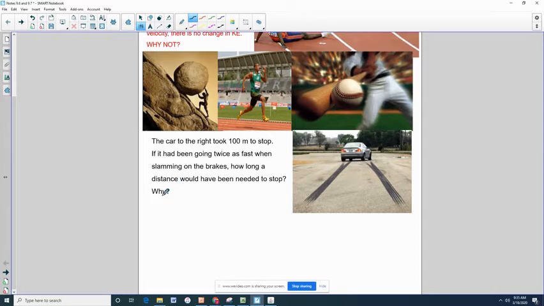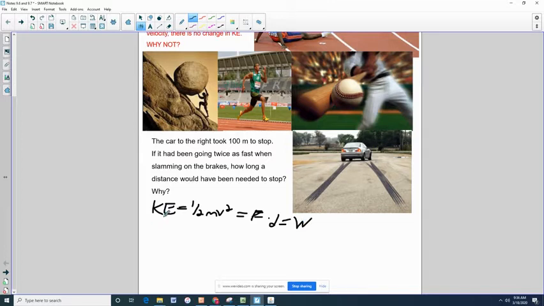Okay, so first off, we're going to say that our kinetic energy, KE, is equal to 1/2 mv squared. And that is going to be equal to force, that's an F, sorry, force times distance, which is equal to work.